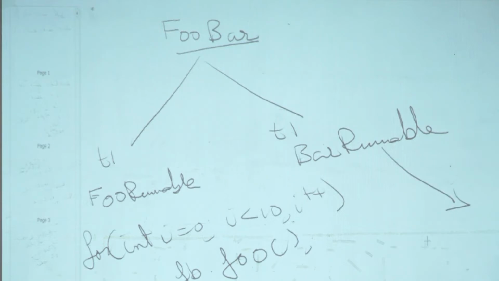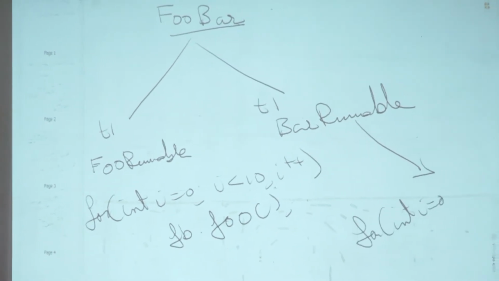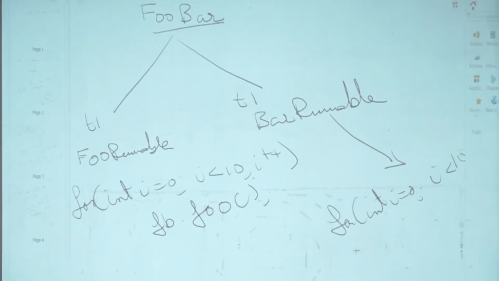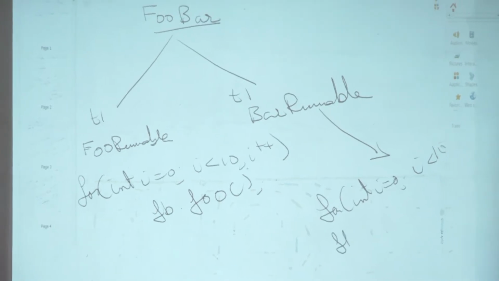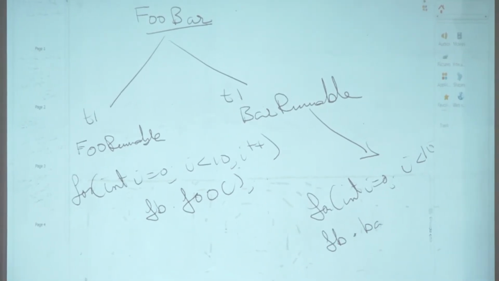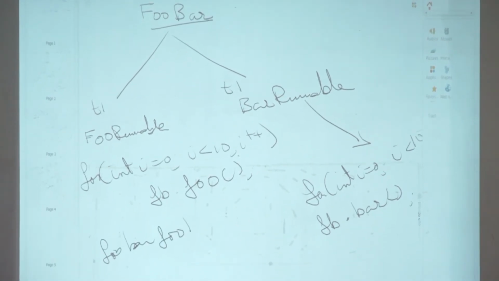What will this runnable do? For int i equal to 0, i less than 10, and so on, on the same foo bar object which is passed to this also, it will say bar 10 times this way, but the output should be foo bar, or whatever.